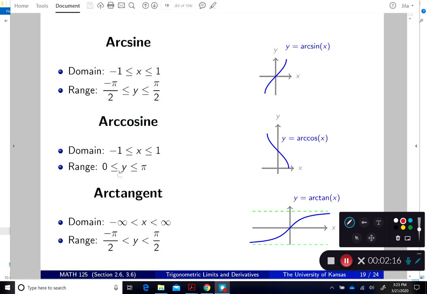The output of arctan matches arcsine, in the first and the fourth quadrant, and these are the pictures of them. That one is arcsine, arccosine, and arctan, and that gives you a little bit of an idea how they operate.